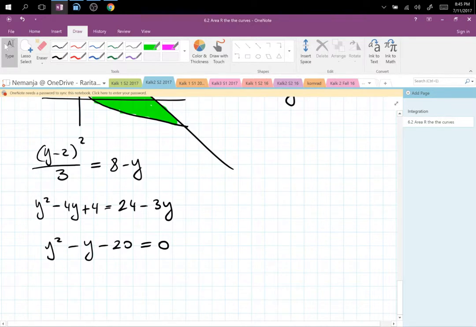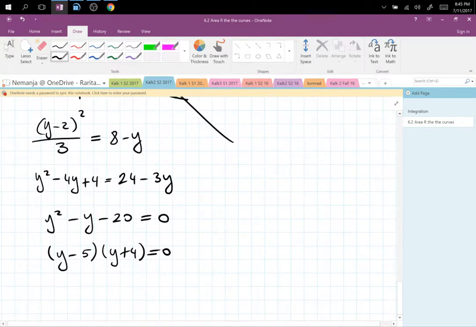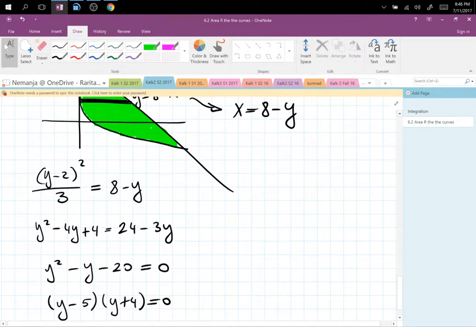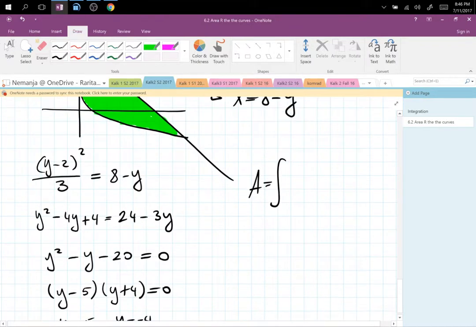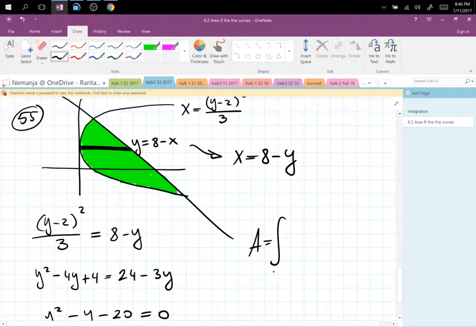Now we can factor this one, I hope. That's y minus 5 and y plus 4, which gives us that y is 5 and y is negative 4, and there are the limits. To set up the integral for the area, the lower limit is clearly negative 4, the upper one is 5.